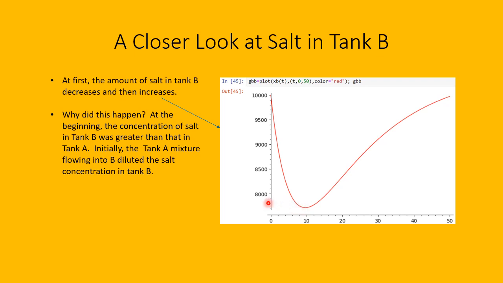But afterwards, eventually, the concentration of salt in the seawater that enters tank A and later enters tank B causes the amount of salt to go up again in tank B. So somewhere around t equals 10, it looks like tank B has its minimum amount of total salt in that tank.